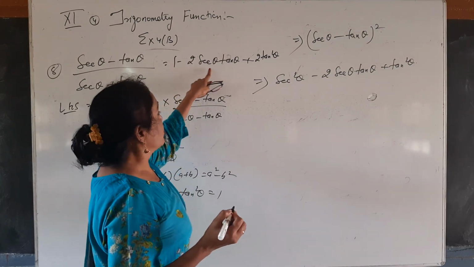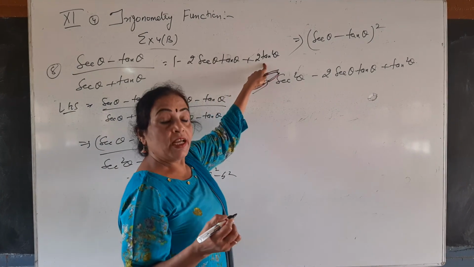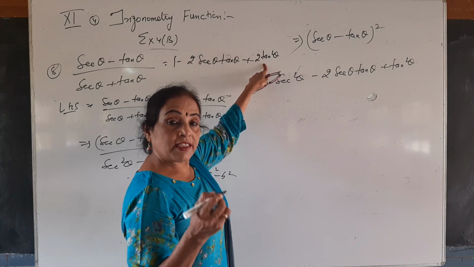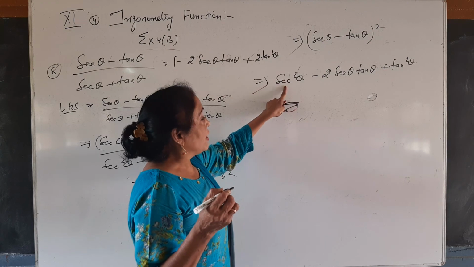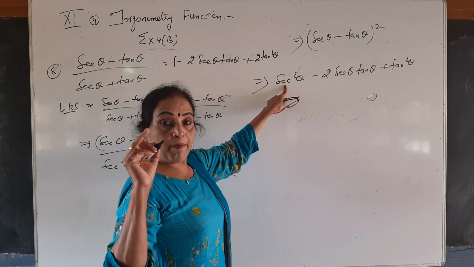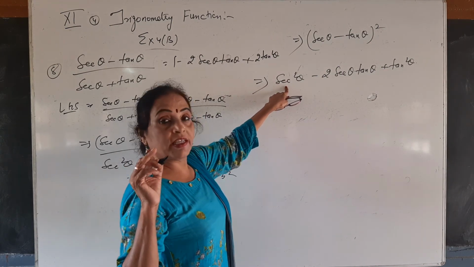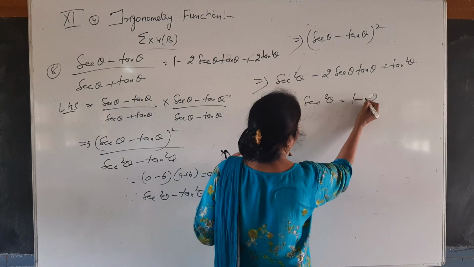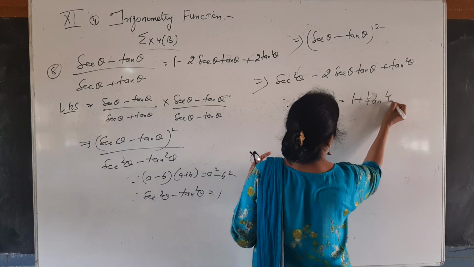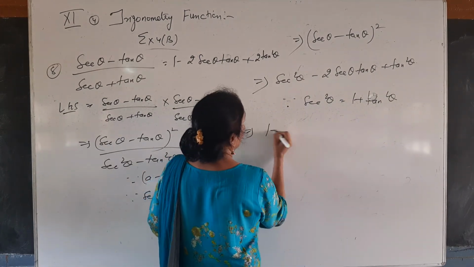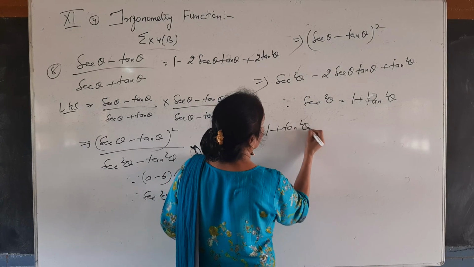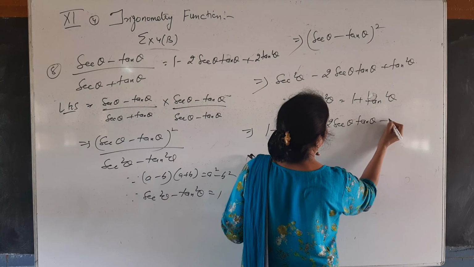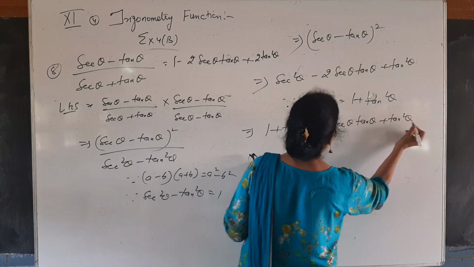Now see the right hand side here. It is 1 minus 2 sec theta tan theta plus 2 tan square theta. Means we want the answer in terms of tan theta, not sec. So what we will do? We will replace sec square theta, which is equal to 1 plus tan square theta. So what we will get? 1 plus tan square theta minus 2 times sec theta tan theta plus tan square theta, simplified.